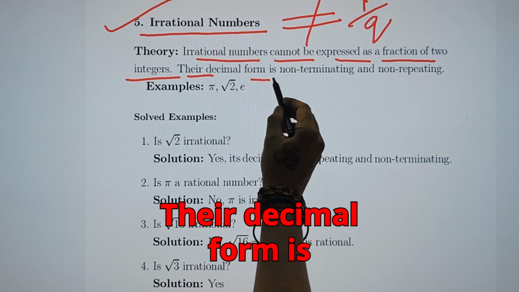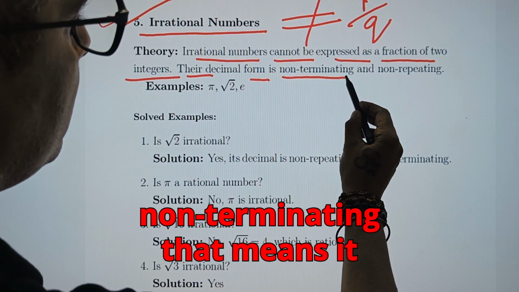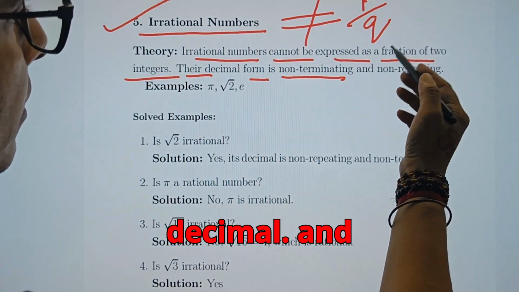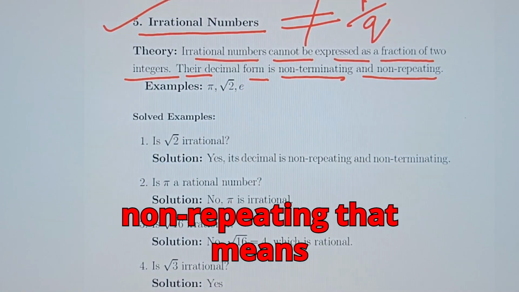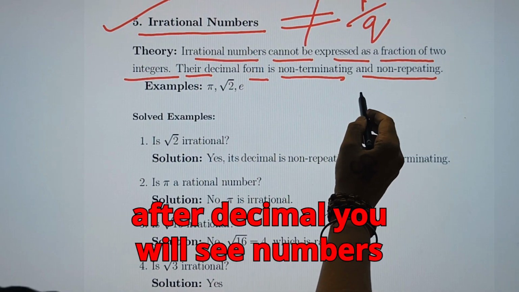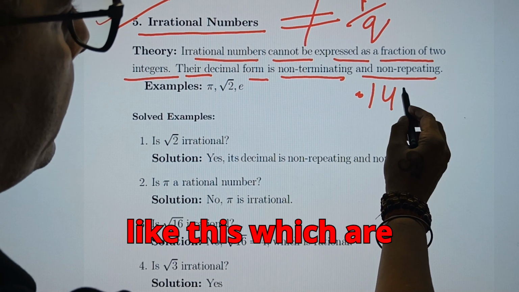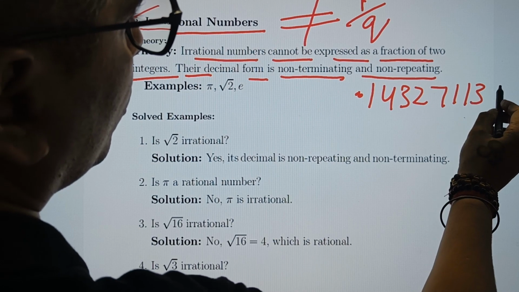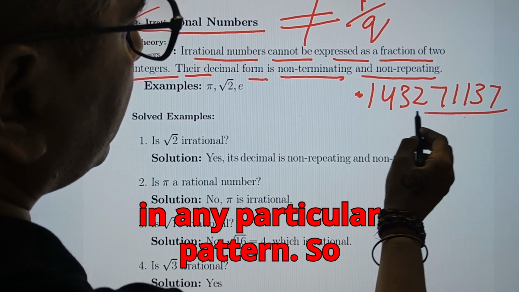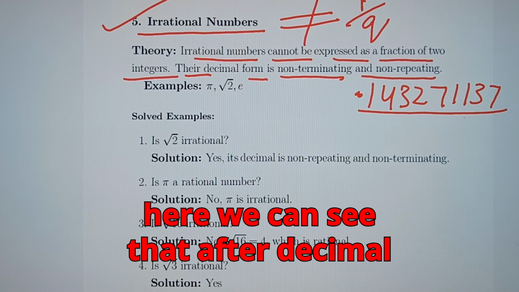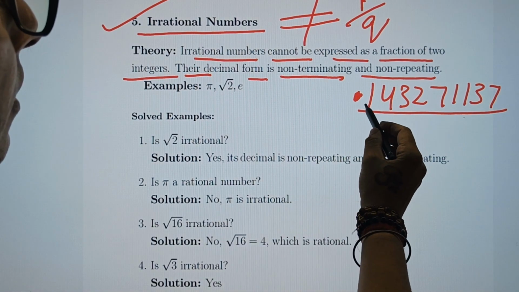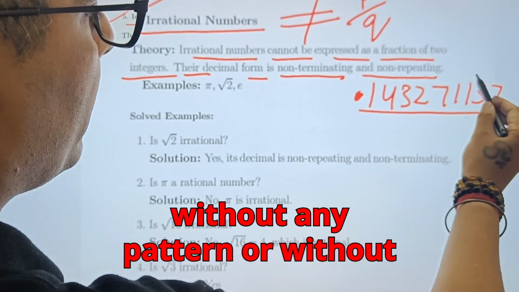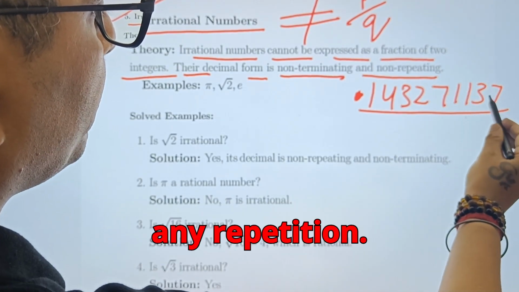Their decimal form is non-terminating, that means it is never ending after decimal, and non-repeating, that means after decimal you will see numbers which are non-repeating in any particular pattern. So here we can see that after decimal we are having different numbers without any pattern or without any repetition.